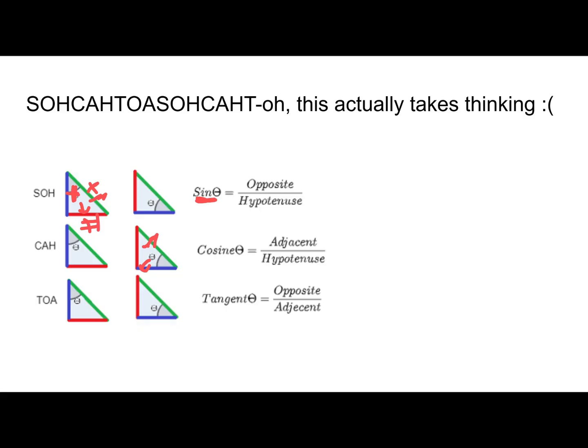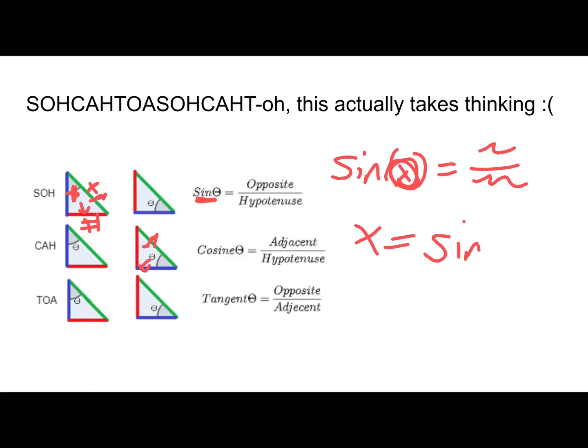And then there's the whole thing of, if you have something equals something over something, in order to get this x out of here and to solve for x, you have to do the inverse function, which is the -1. You have that button on your calculator.